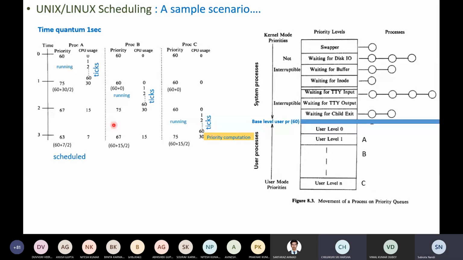Sir, again it increases. Again it will increase, but the increase is lesser. From 60 it becomes 75, and from 75 it became 82.